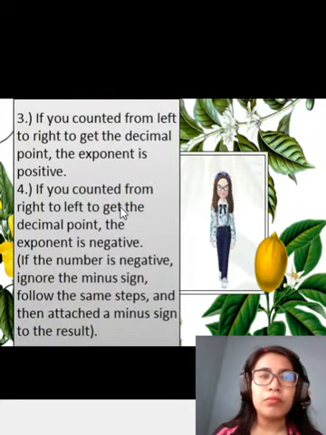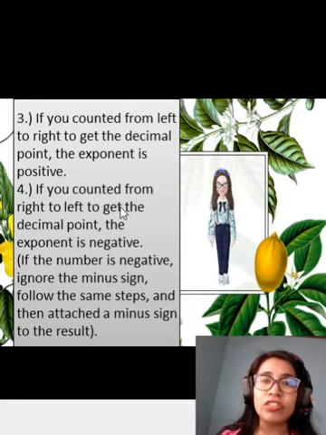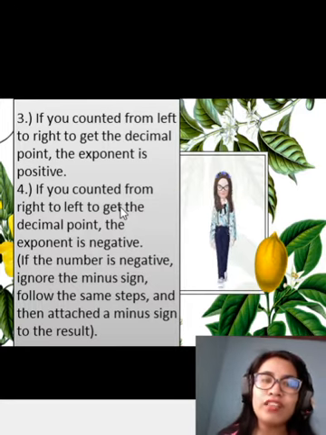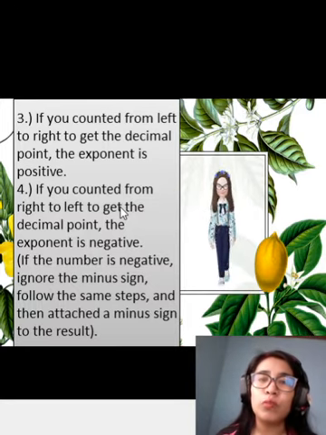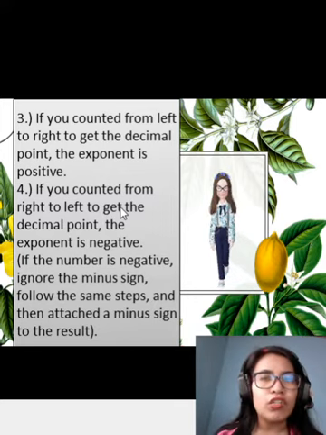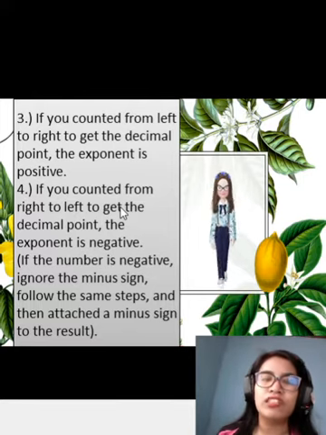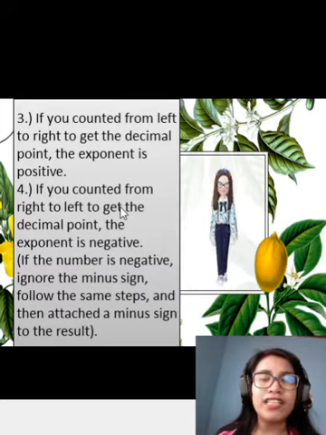If you count from left to right to get the decimal point, the exponent is positive. If you count from right to left to get the decimal point, the exponent is negative. But there is a rule. If the number is negative, ignore it. Ignore the negative or the minus sign. Follow the same steps and then attach your minus sign to your final answer.